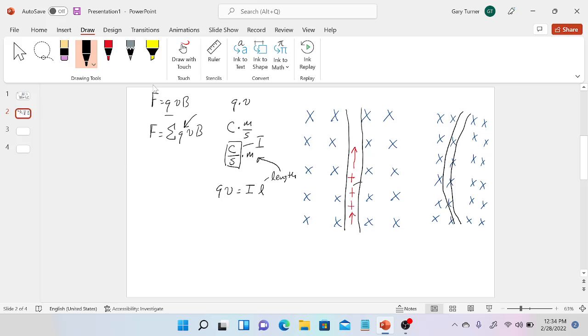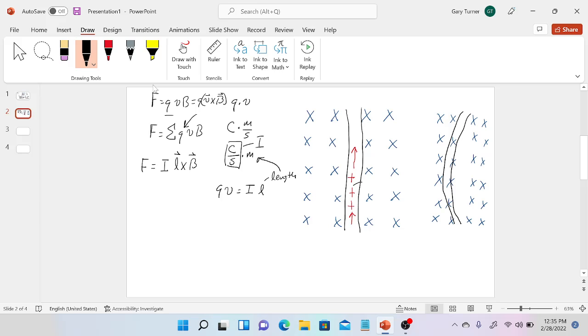And so instead of trying to find all of the forces on all of the individual charges, just look at the bulk current. Formally, this was QV cross B, right? Formally, it was V cross B. And so in the same way, we say that this is equal to I L cross B. Okay, the current is not a vector, but we can talk about the length of the wire having a direction, and that direction would be in the direction of the current.